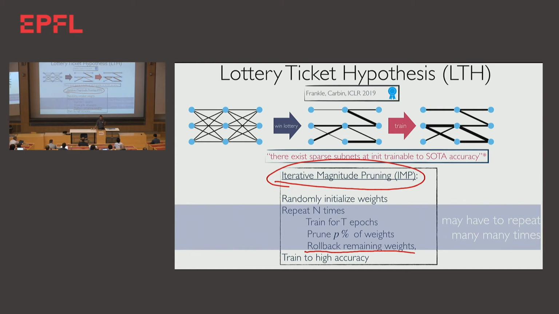And maybe you can do it much faster than IMP, all right? So their algorithm is very slow. You wouldn't use it for faster training, because you do have this train and retrain thing that happens at the pruning phase. But what they give you is a sparse subnetwork at initialization with weights that are random, in the sense that they are frozen to whatever initial value they had, okay?